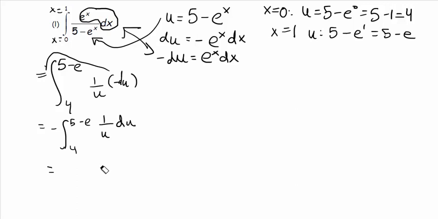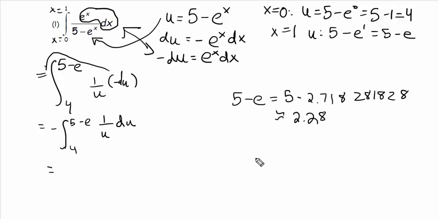The one thing that I want you to notice, because I was going to go and do this out anyway, just so that you could see what happens, is that 5 minus e is 5 minus, and e is about 2.718281828. So if you do that, you get 2.28, something like that.